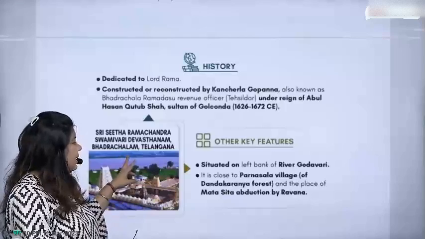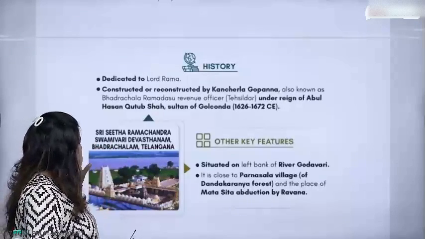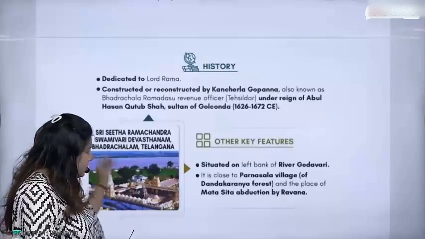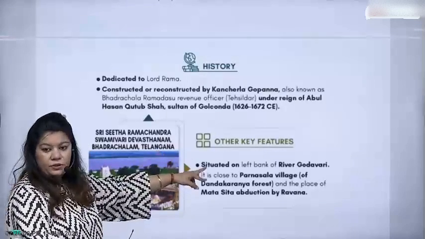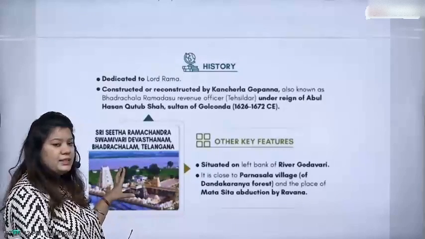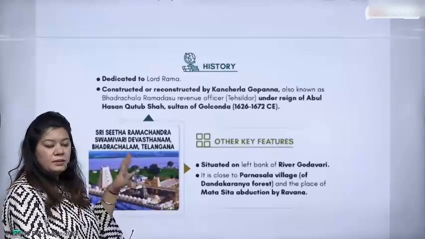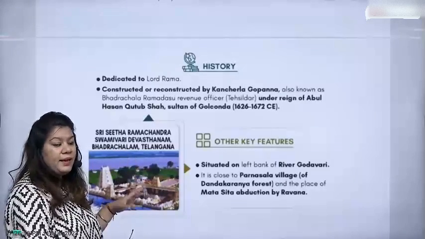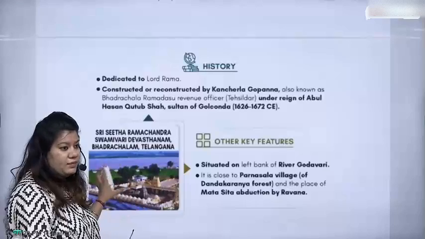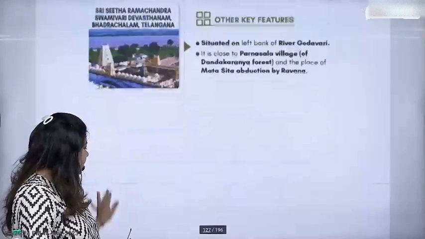So in this site or place, there is Sri Sita Ramchandra Swami Vari Devasthanam situated. It's situated on which river? River Godavari, right? And this place is famous because from here, the Mata Sita was abducted by Ravan. So that's why this place is important. Okay.